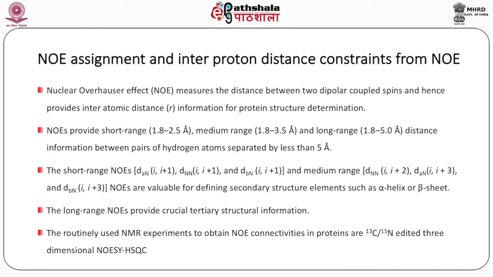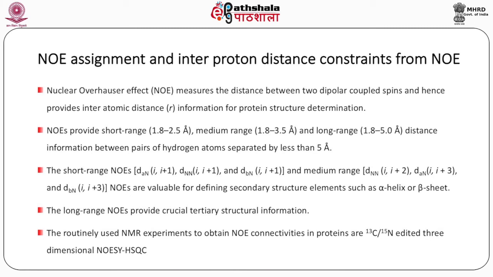NOE assignment and interproton distance constraints from NOE. We have read quite a bit about the nuclear Overhauser effect and NOEs. The nuclear Overhauser effect measures the distance between two dipolarly coupled spins and hence provides interatomic distance information for protein structure determination.